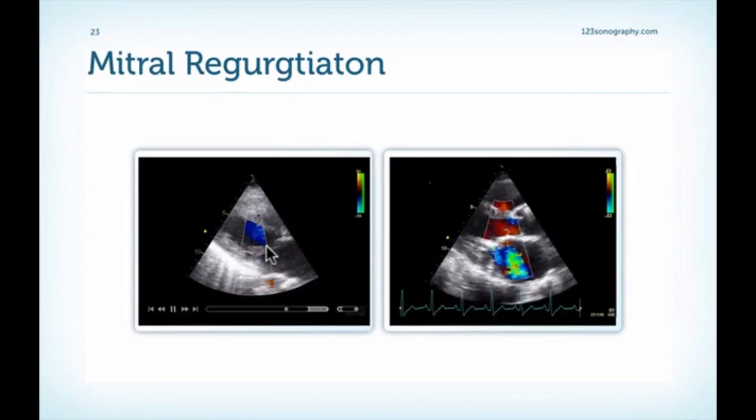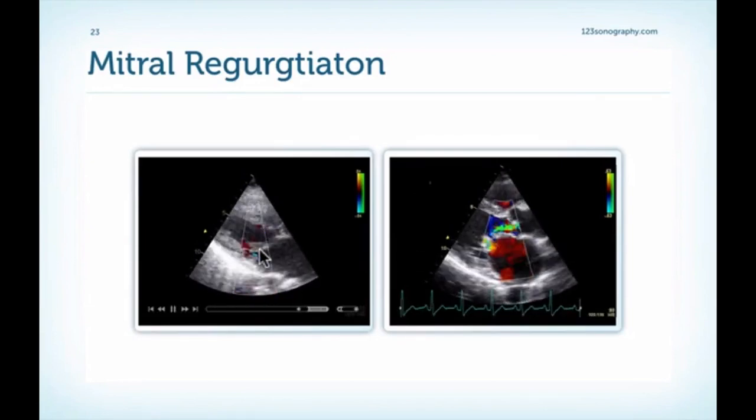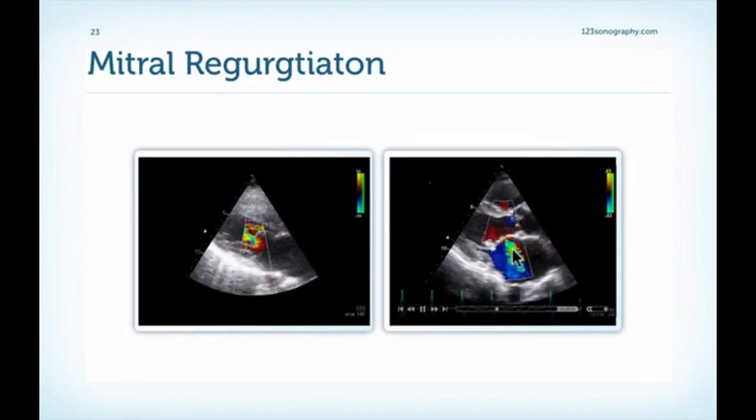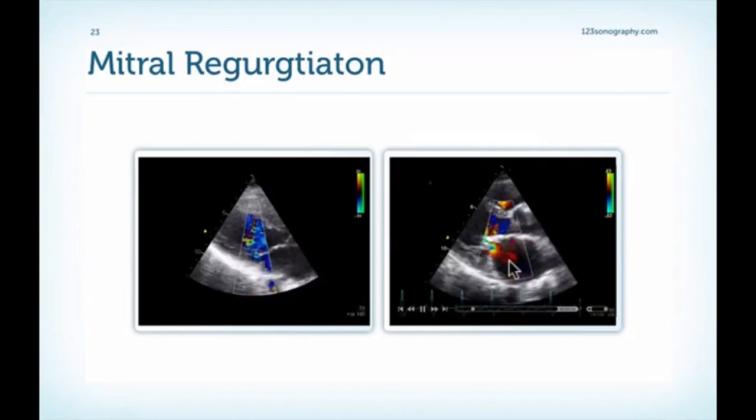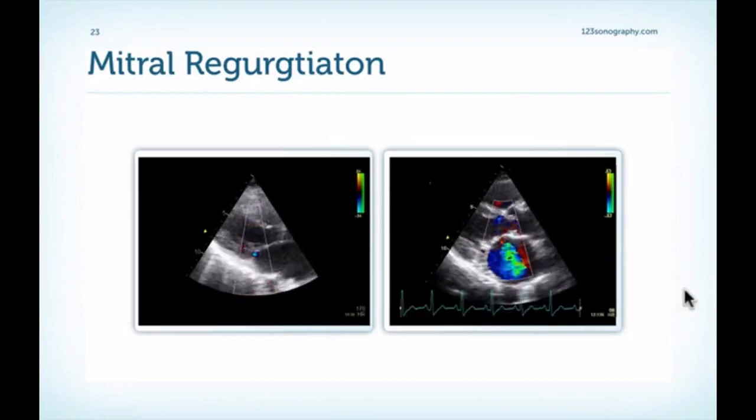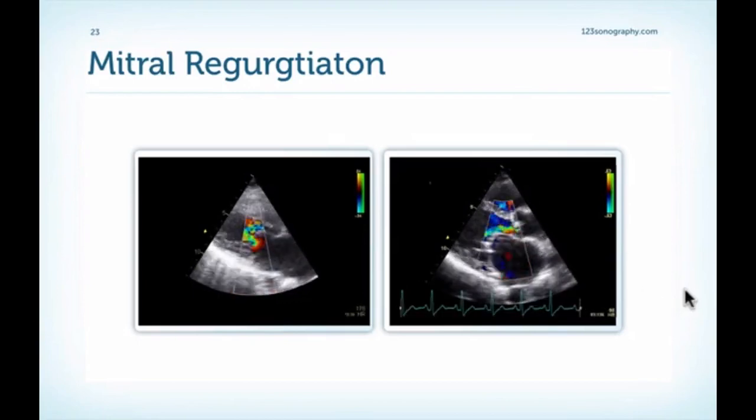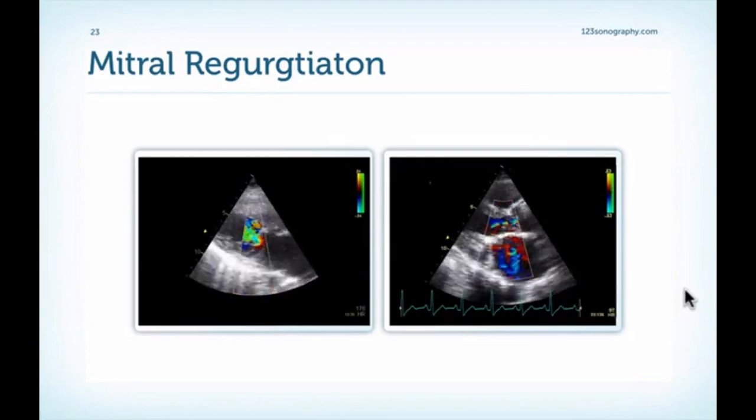This is before the procedure, no regurgitation, and this is after the procedure. You see a jet right here, probably moderate mitral regurgitation. But the interesting thing is that we have the impression as if the regurgitant jet goes right through the anterior leaflet, as if the leaflet were perforated. This is usually an indication that the regurgitation comes from the commissural region.